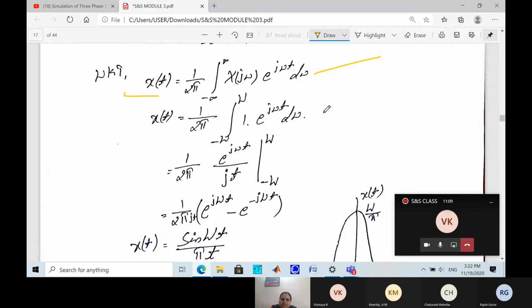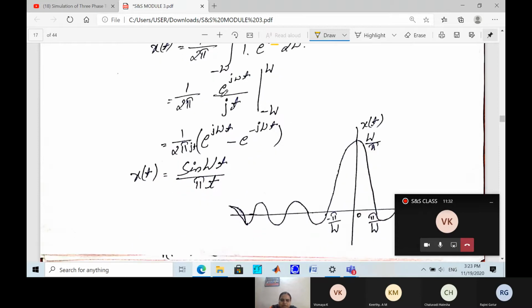If it is e raised to ax, it will be e power ax divided by a, the constant value. Here also the same. You will be getting e raised to j omega t divided by j t, because omega is the varying function here. For that reason, you will be getting jt. And what is the limit? Minus w to plus w.